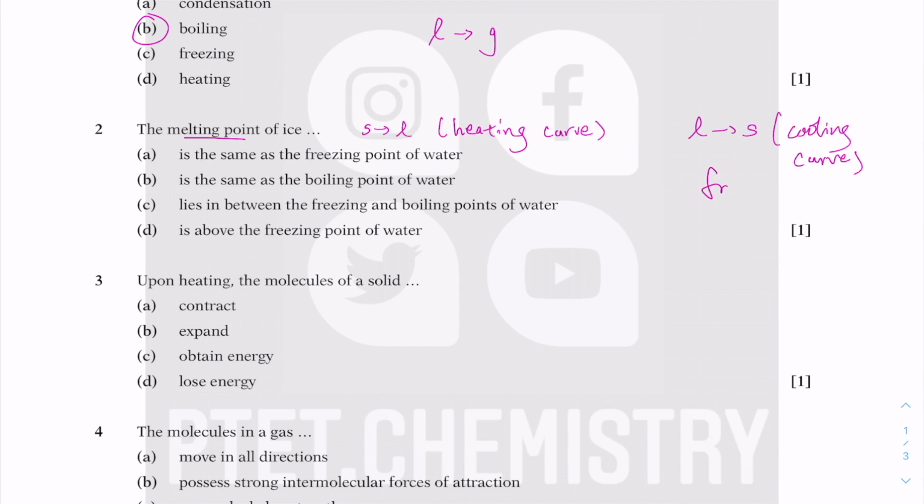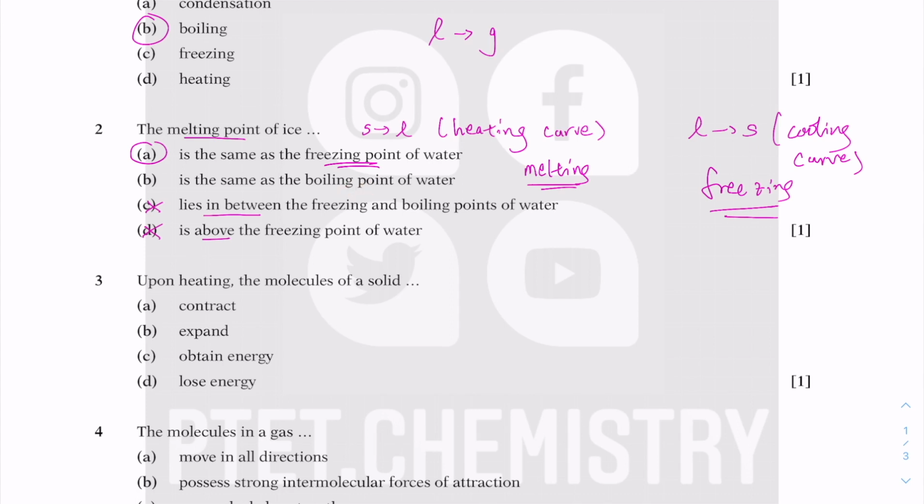That is actually your freezing, and this is actually your melting. So what we say is the melting point, where this process happens, is the same as the freezing point, where this process happens. It's not above, it doesn't lie in between, but it's actually the same as the freezing point, because solid to liquid, liquid to solid, and it's not boiling because boiling is to do with liquid to gas.